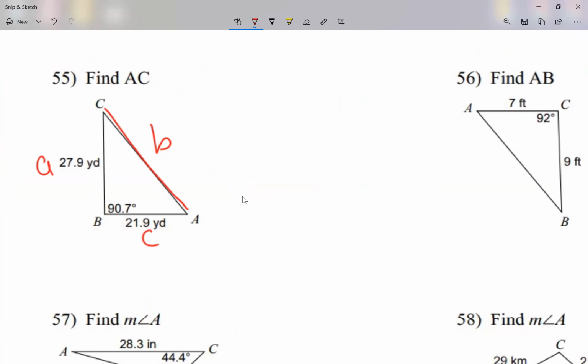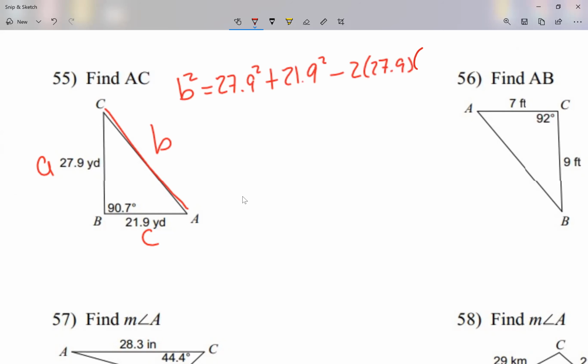So I'm going to write B squared equals 27.9 squared plus 21.9 squared minus 2 times 27.9 times 21.9 times cosine of 90.7.